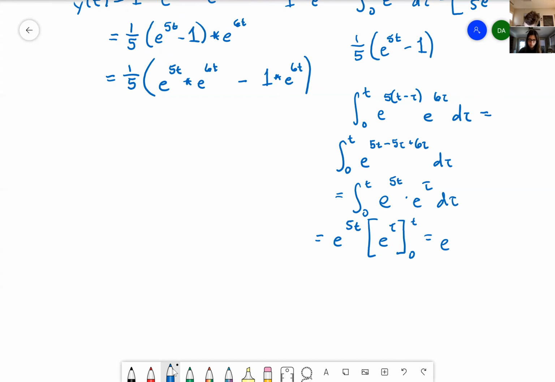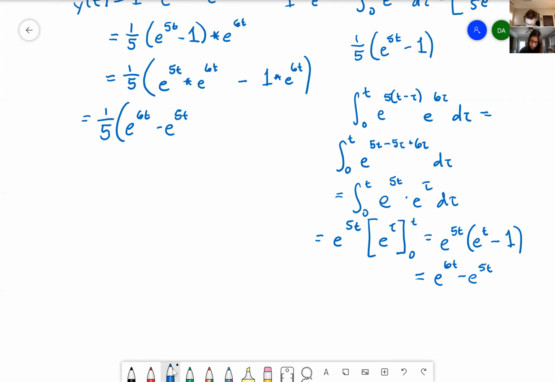So I get e to the 5t times e to the t minus 1. So this is e to the 6t minus e to the 5t. What I get is 1/5 e to the 6t minus e to the 5t.